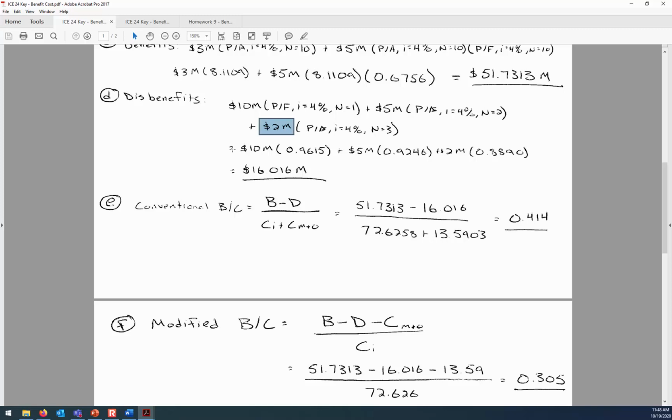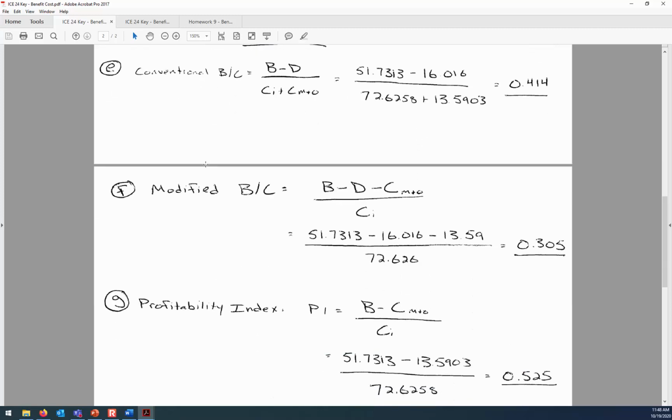So from that perspective, we're only getting 30 cents of benefit for every dollar in initial costs. And the profitability index is similarly less than 1. So this project is a stinker. No matter what way you look at it, we would give a thumbs down to that project.